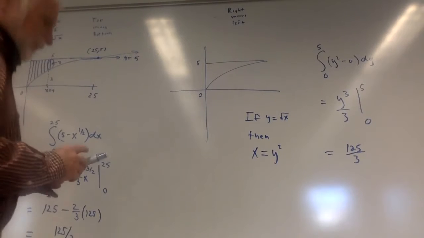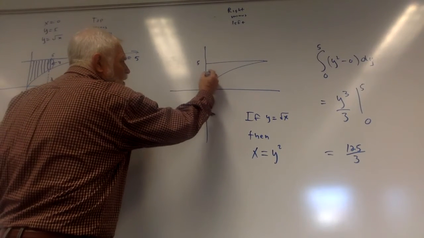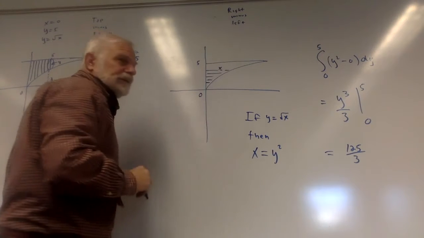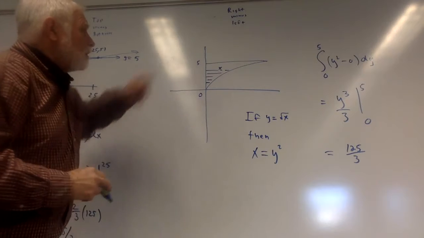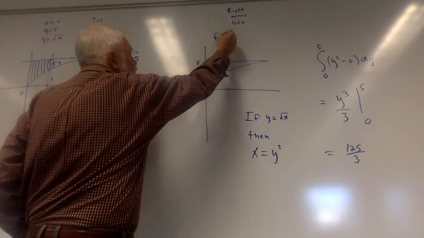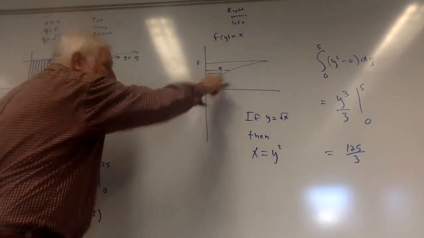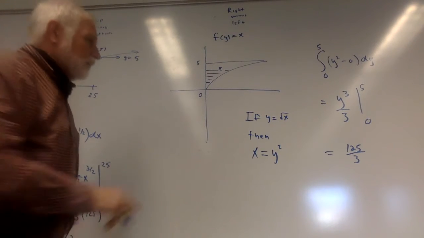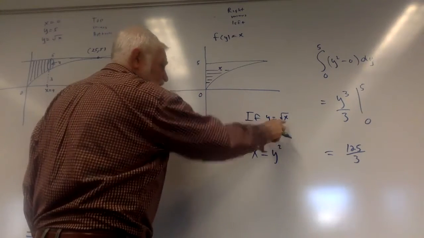All right, so the question is, what if I were to stack these horizontally? And remember, that dotted line is an x distance. So we have to use the y values. Really, we're creating a function in terms of the y values to get us those x distances, because they're going to be the lengths of the rectangle. So how do we do that? Well, if y is equal to the square root of x, how do I isolate x?